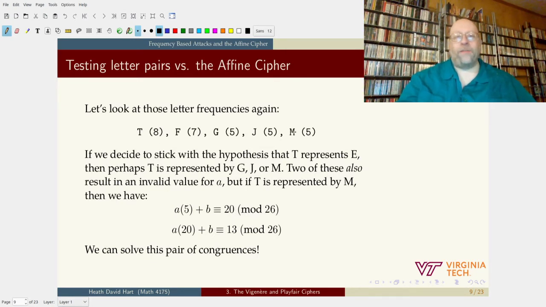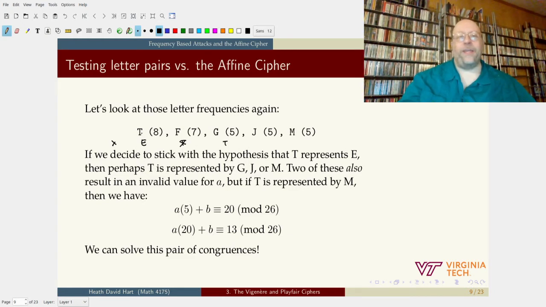So we go back to these letter frequencies again. We know it's not the case that this letter is E and this letter is T. So let's stick with the hypothesis that this is E and try maybe that this is T. And if we try that, we're going to find that the calculations don't work again. Let me show you what happens over here in the margin.